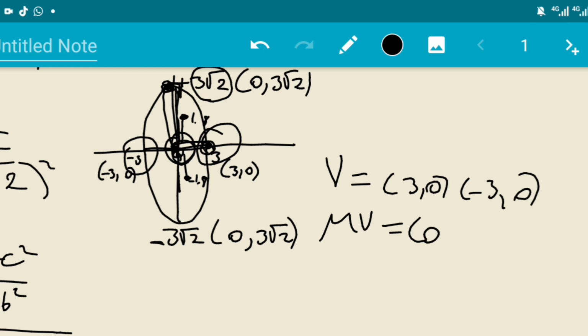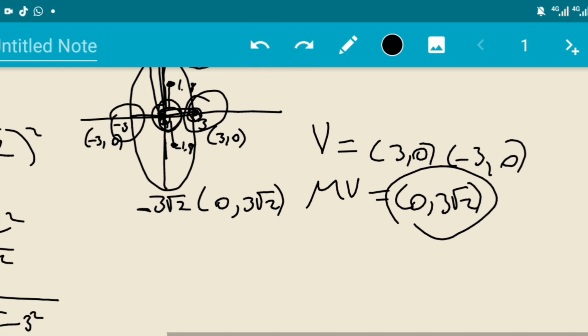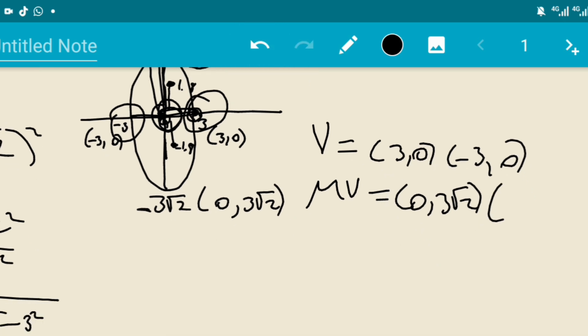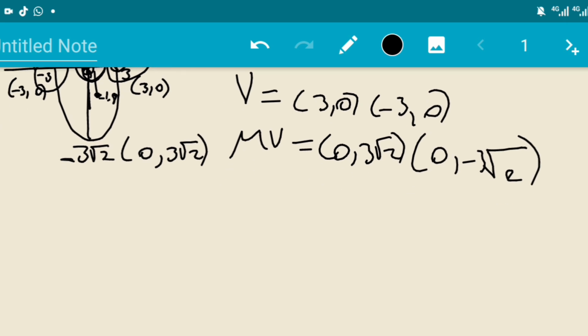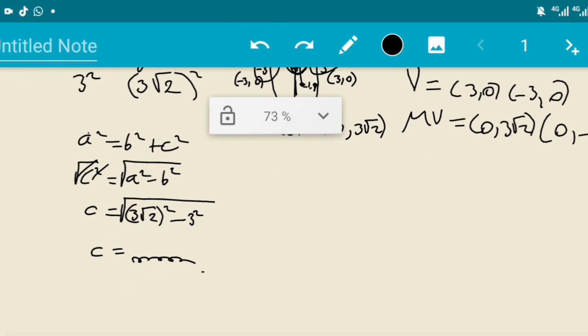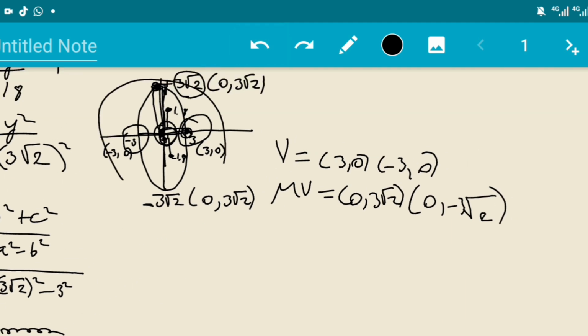So that's 0, 3 times root of 2. So this here is this here. Then 0, negative 3 times the root of 2. We close. So we found the vertices, minor vertices, major vertices. Our foci is this here, which was found using this formula. And we've graphed it. So we found pretty much everything.